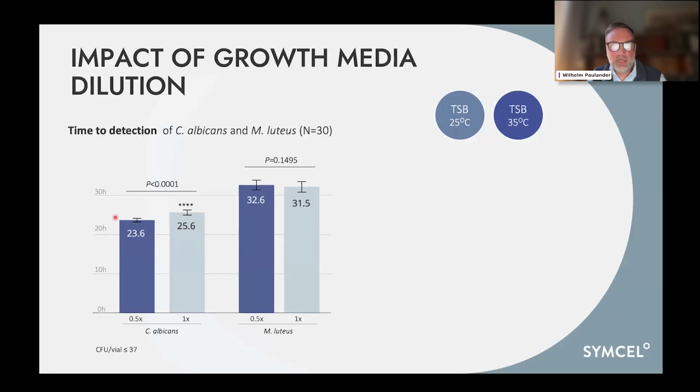We can see here, both for Candida albicans and Micrococcus luteus, that there is an effect for Candida albicans that we don't see for Micrococcus luteus. But none of the effects are affecting the assay overall. So even though you see a significant difference between half and full concentrated growth media, it's not something that affects the end result of our assay.